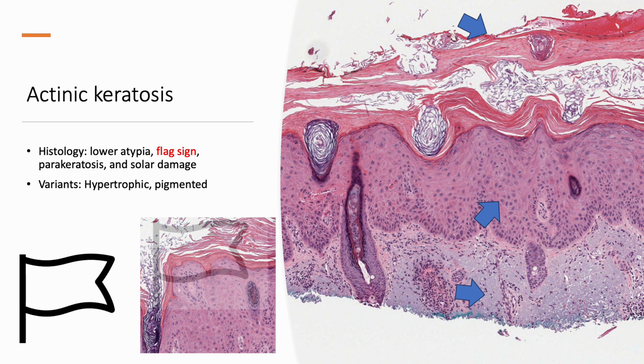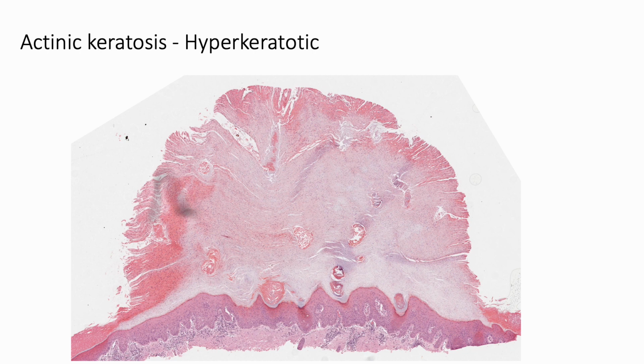There are different variants of actinic keratosis. Today I will just give you two examples, including the hypertrophic and the pigmented. This is a variant of actinic keratosis we call hyperkeratotic actinic keratosis, or HAK for short, and it is forming a cutaneous horn. The cutaneous horn is a clinical diagnosis.